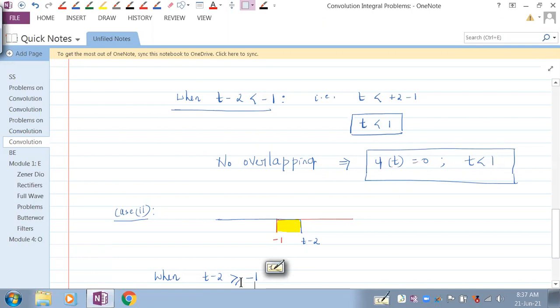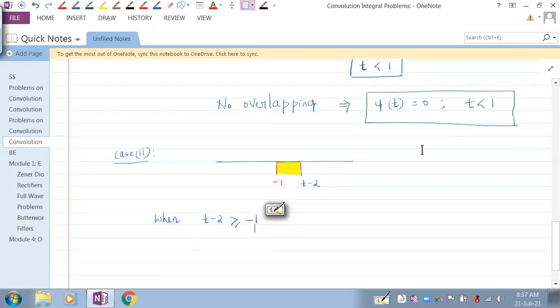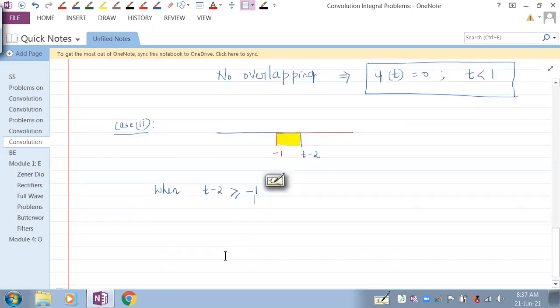That needs to be considered here. So this implies t greater than or equal to 2 minus 1, or t greater than or equal to 1.